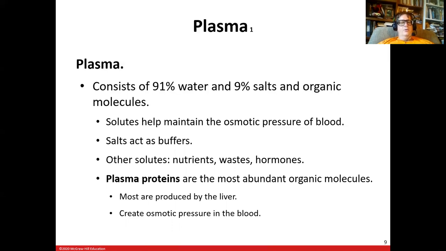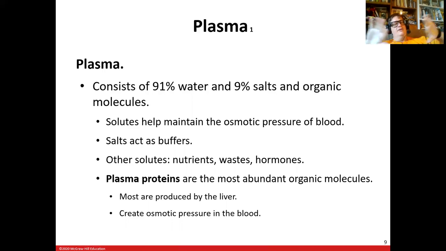All right, where it says plasma proteins are the most abundant organic molecule, think albumin. Albumin is so common that it gives a straw color to the plasma. All right, and again, albumin is a major osmotic pressure thing. The albumin molecules are too big to leave the capillary.